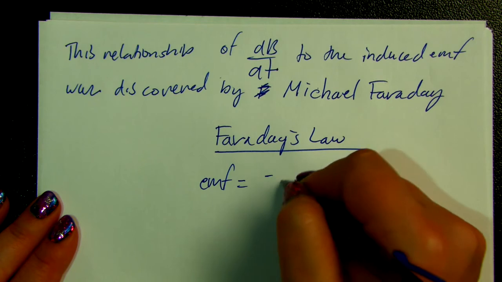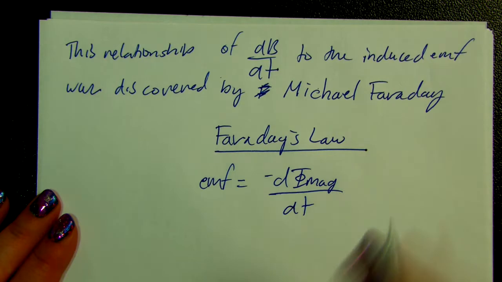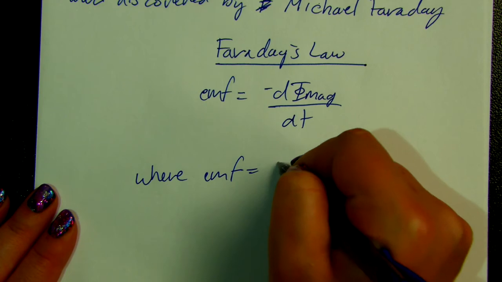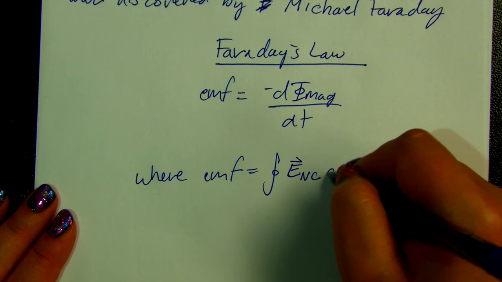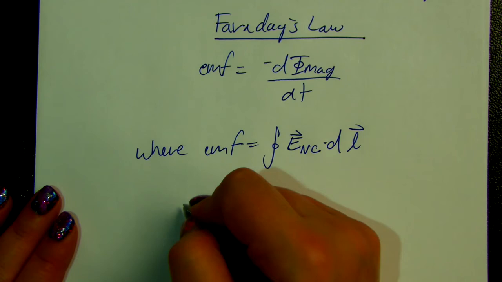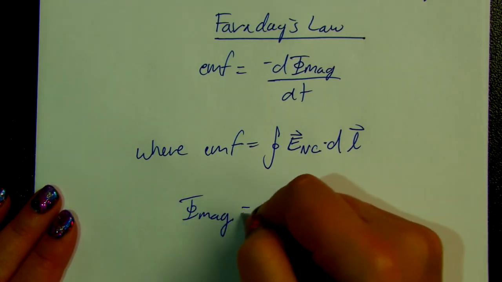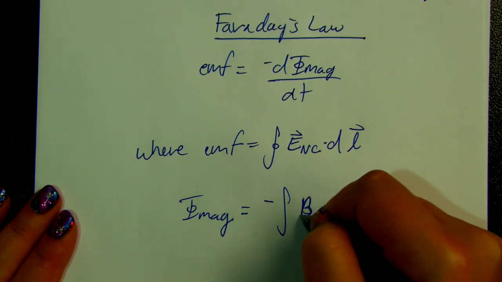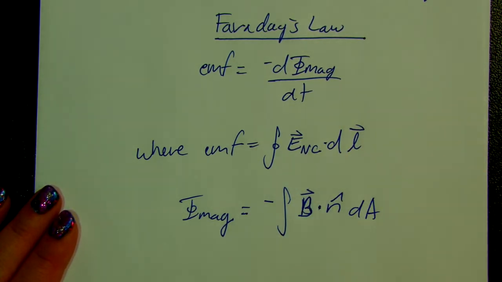EMF is equal to the change of magnetic flux over dt, where EMF is equal to the path integral of the non-Coulomb electric field dot dl, which is the path around. And magnetic flux is also equal to the integral of B dot n hat dA.